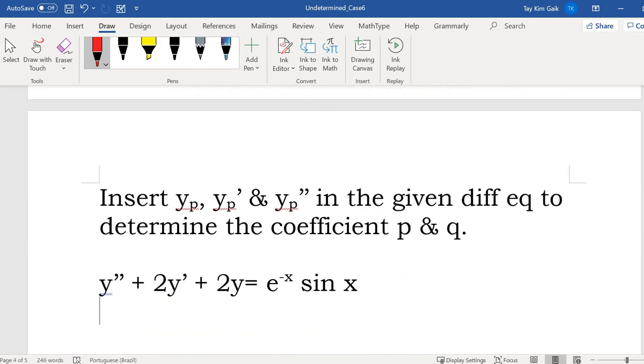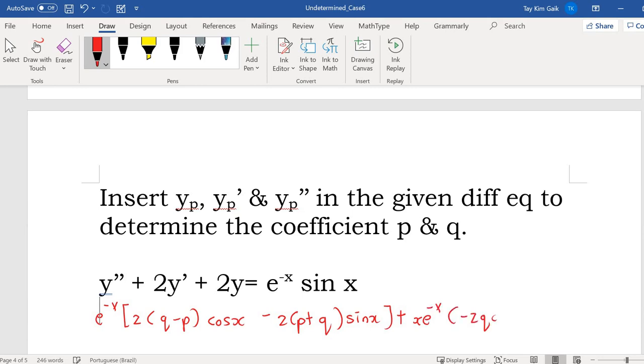So the y double prime that we obtain here, where the y double prime p, I got exponent negative x, 2 times the q minus p cos x minus 2 times p plus q sin x plus, okay, plus x exponent negative x negative 2q cos x plus 2p sin x.